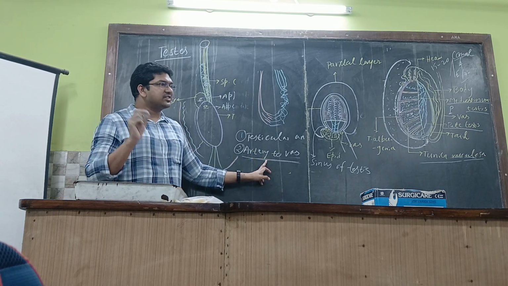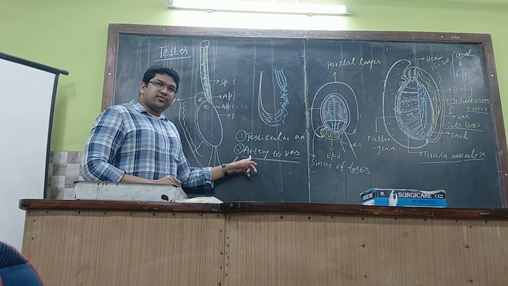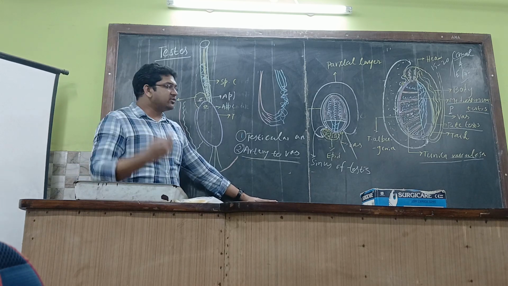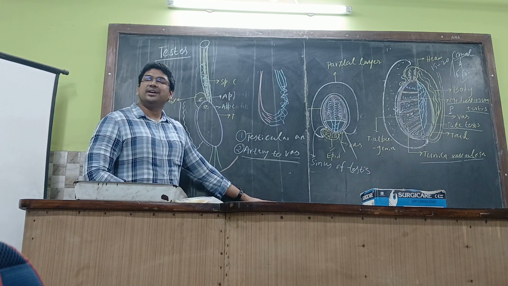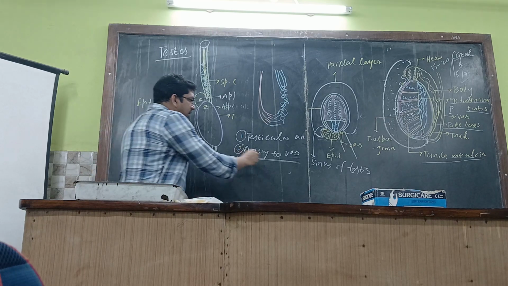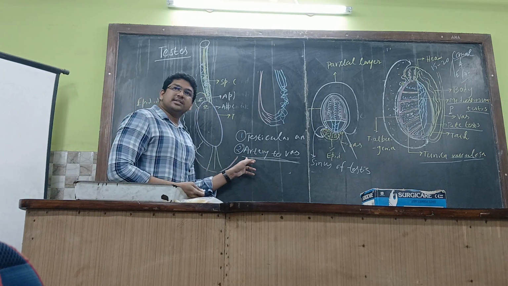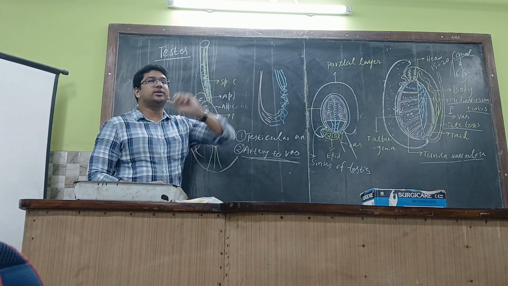But with respect to the vas deferens, the artery which is close to the vas deferens is either the superior vesical artery or the inferior vesical artery. Which are the branches of the internal iliac artery. Which division? Anterior division. Very good. So the artery to the vas deferens is a branch from either the inferior vesical artery or the superior vesical artery, which will be supplying the urinary bladder.